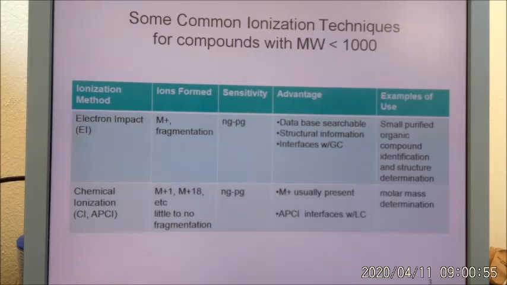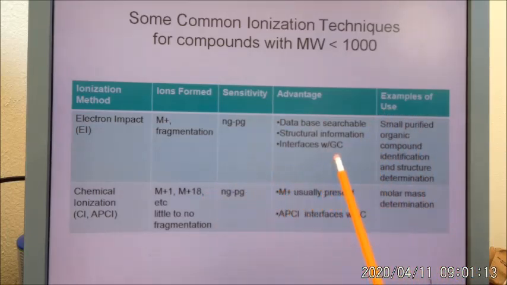The advantage is that if we use the same conditions for EI, we have a database that you can search across the fragments and across your molar masses, and that allows us to figure out what's there, so you get a lot of structural information.